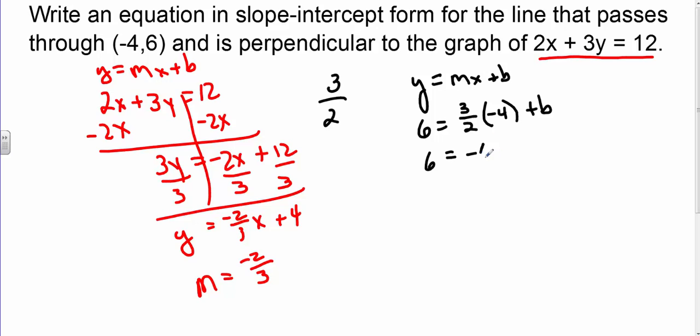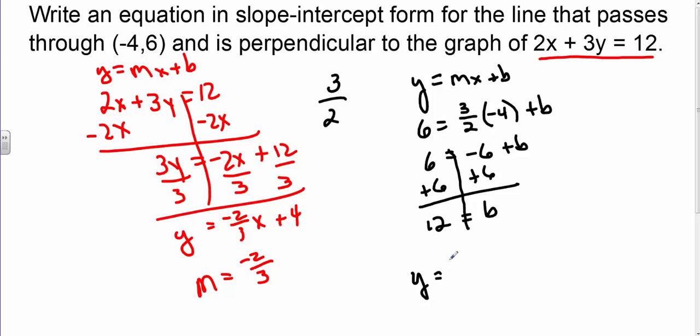So we've got -6 plus b, which gives us plus 6 and plus 6. We've got 12 equals b. Don't forget that. So now we can write the equation of our line in slope-intercept form. That will be y equals 3/2 x plus 12.